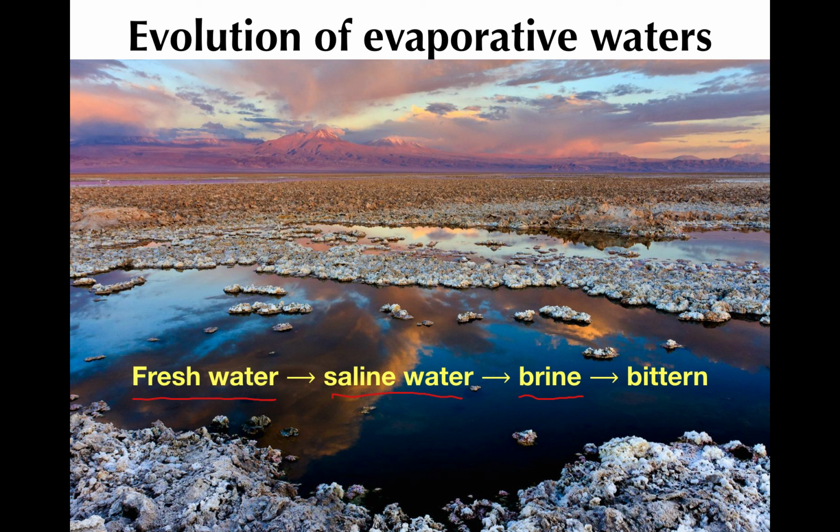Really dense, bitter-tasting bitterns are hyperconcentrated brines, and these pools shown in this image are hyperconcentrated from lake water that used to fill the entire valley here, and once that lake evaporated, you ended up with these super concentrated brines or bitterns in brine pools on the surface, and these are where evaporite minerals precipitate really rapidly.